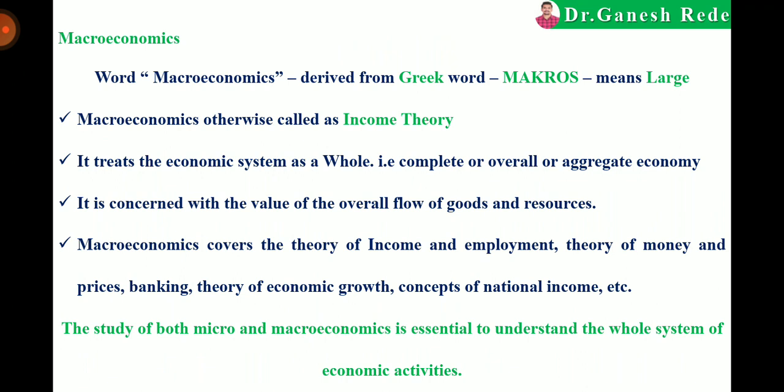Now as we know, microeconomics is also known as price theory. Here, macroeconomics is otherwise called income theory and income and employment theory. Macroeconomics treats economic activity as a whole, dealing with the economy as a complete, overall or aggregate economy.